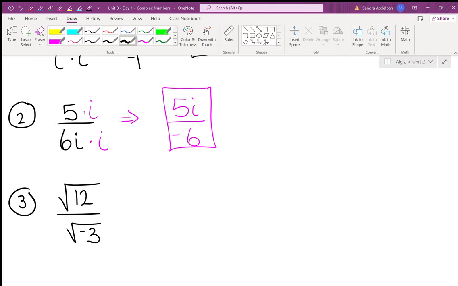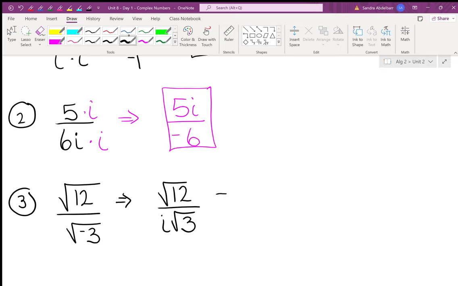You might see that these are both radicals and say, I can just divide it. You can't. You will get the wrong answer. You cannot divide it until the i is out. So this is the same as saying the root of 12 over i root 3. Now that the negative is out, now can I divide them? Yes.